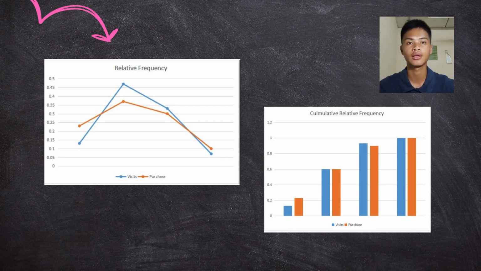For cumulative relative frequency, I'm using the bar graph. The blue is also visits, and the orange is purchase. As you can see, there are differences between the visits and purchase for relative frequency and cumulative relative frequency.